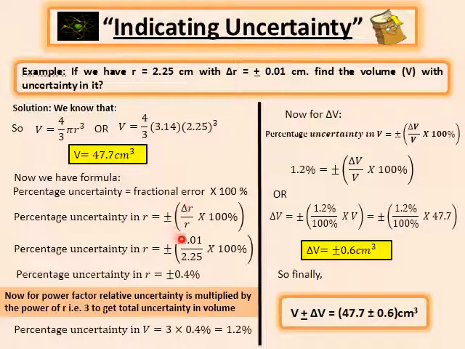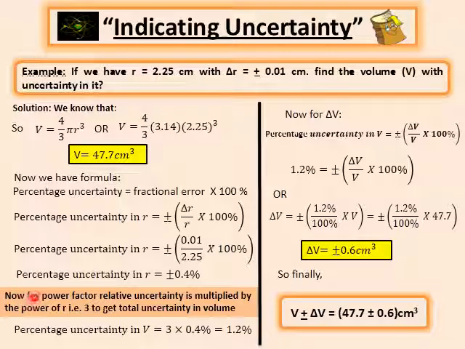This is the formula of fractional error, so ΔR/R × 100%. By putting the values, we get 0.01 divided by 2.25 × 100%. After solving this, the percentage uncertainty in radius R is ±0.4%.